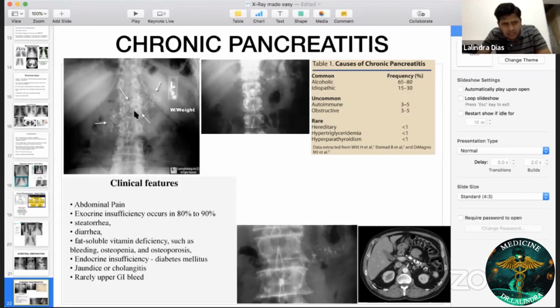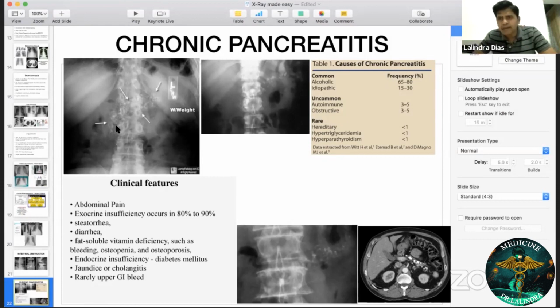And can you see across this vertebra, there are tiny white colored opacities, like small grains of sand, going across. Can you see white colored tiny opacities crossing the vertebra from the right side to the left side across the abdomen? What is the structure here?